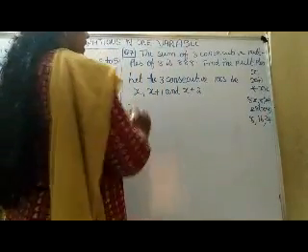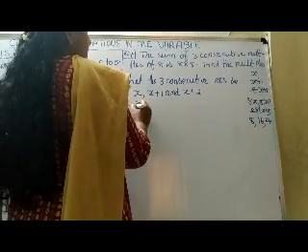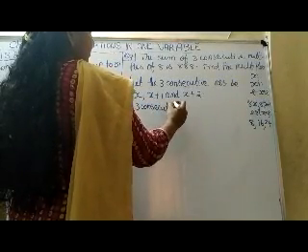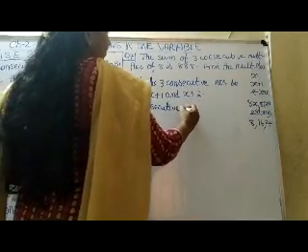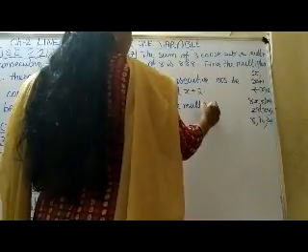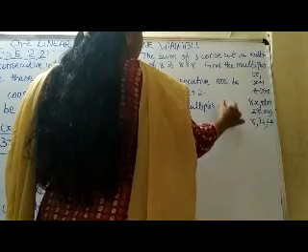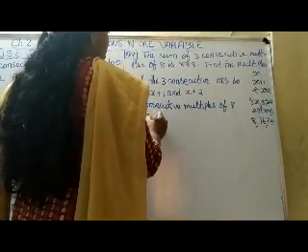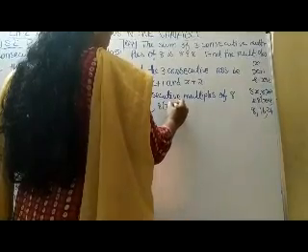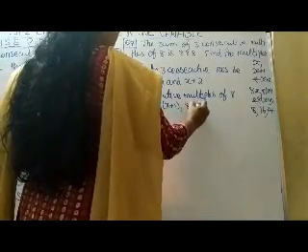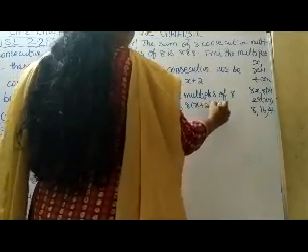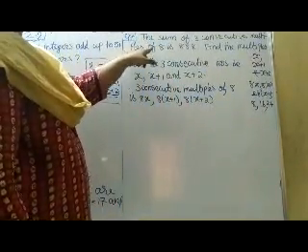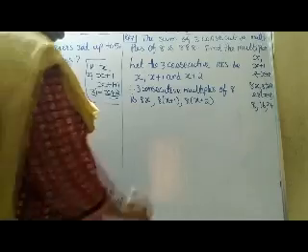So now we write here, therefore, 3 consecutive multiples of 8 are 8x, 8 into x plus 1, 8 into x plus 2.